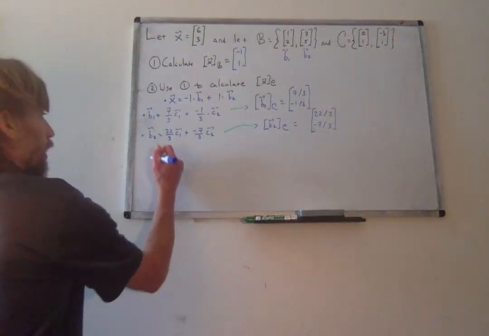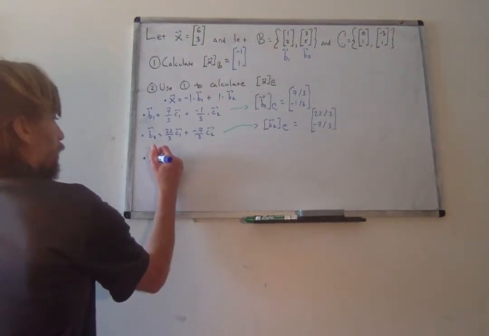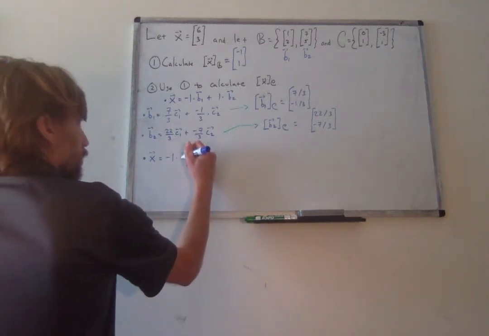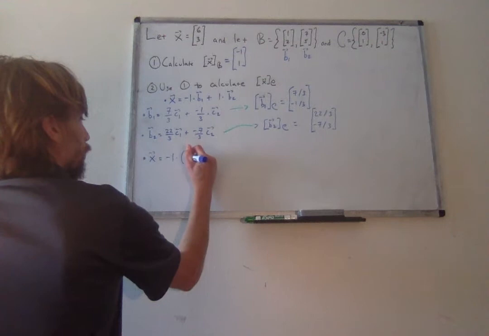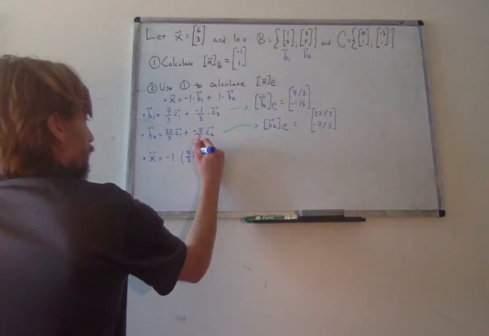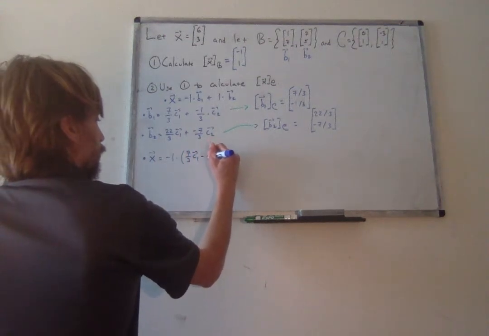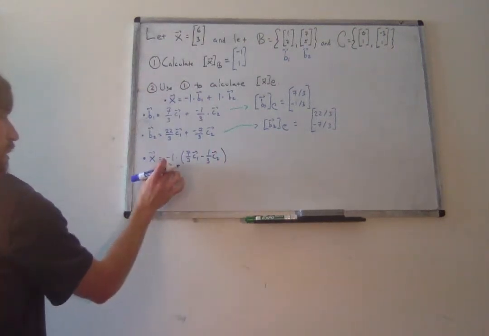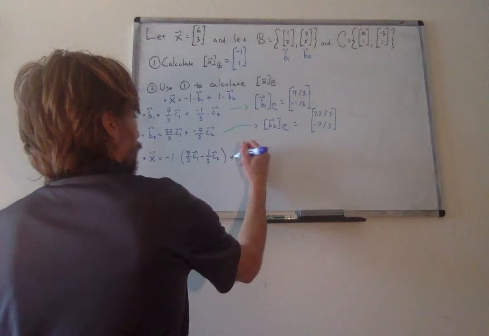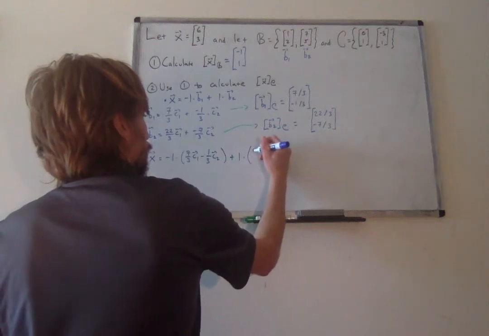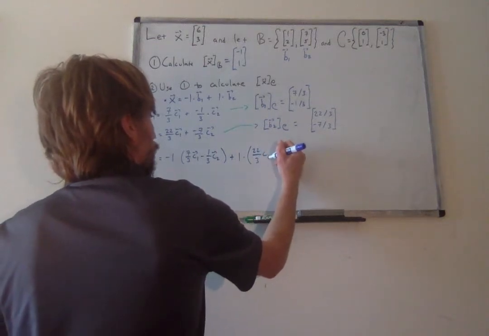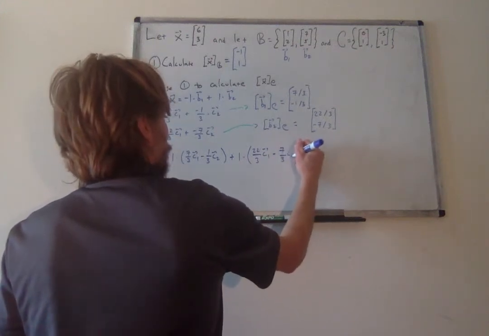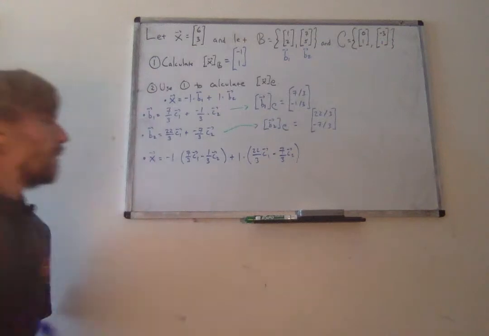I can rewrite x as -1 times (-7/3 C1 - 1/3 C2), just substituting in for B1, plus 1 times (22/3 C1 - 7/3 C2).